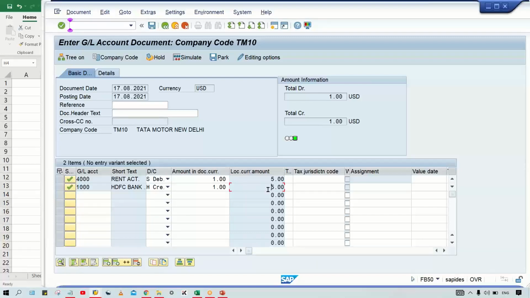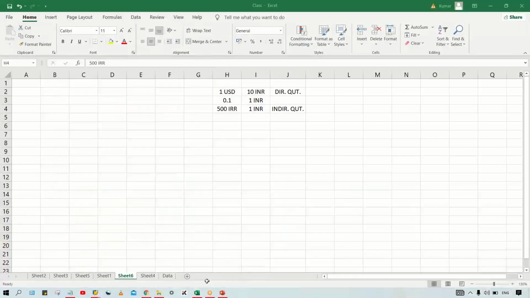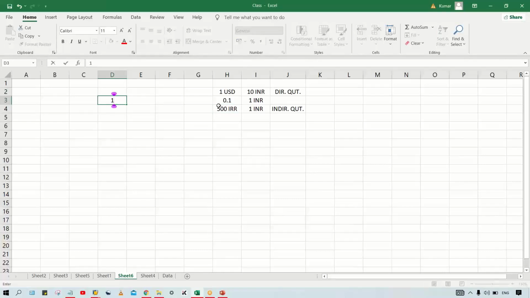Oh, 0.2 means what, guys? It is like half, right? So 20 means what, guys? 1 divided by 20 equals how much, guys? 1 divided by 20 equals how much?